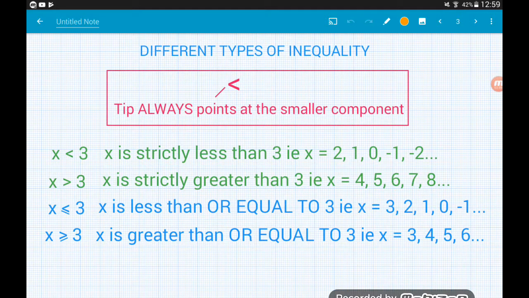With the inequalities above, x was not allowed to equal 3. So x is allowed to be 3, 2, 1, 0, and again any number down to minus infinity. And then we've got the second guy, x is greater than or equal to 3. So x is allowed to be 3, 4, 5, all the way up to positive infinity.